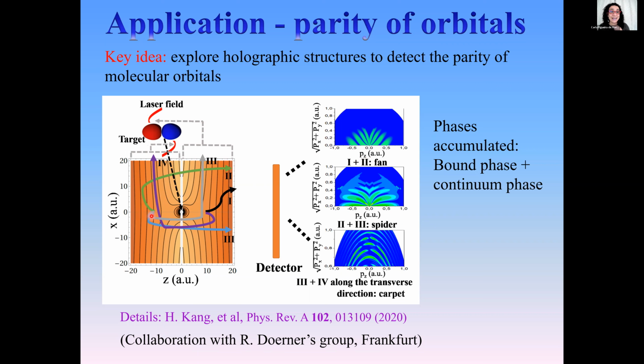And you have also 3 and 4, where 4 goes all the way, and 3 is a field-dressed Kepler hyperbola, which leads in this transverse direction to this carpet, which you have established in the previous case.